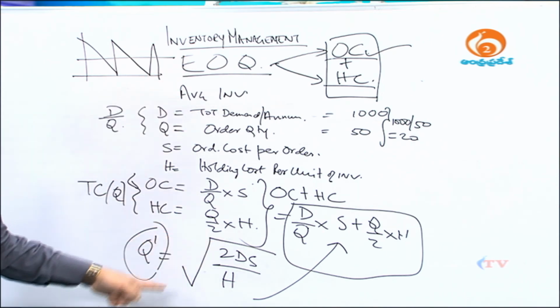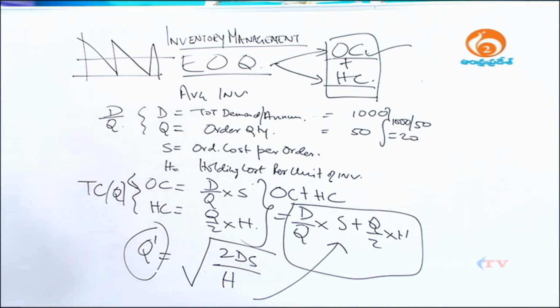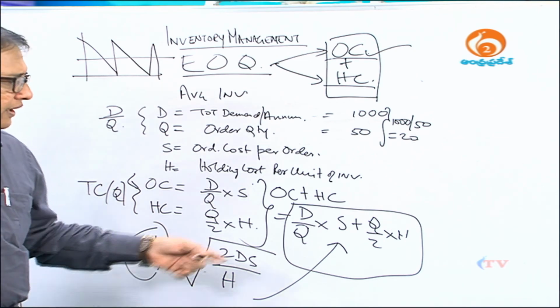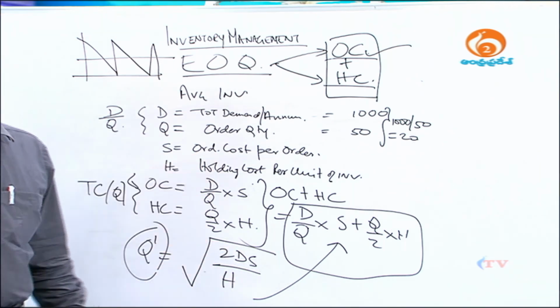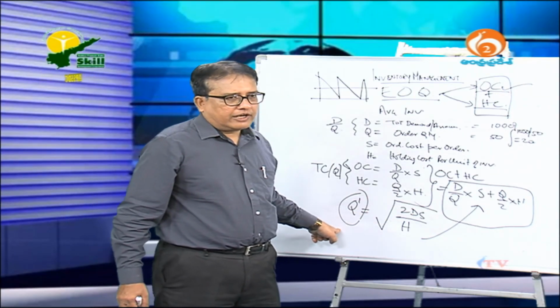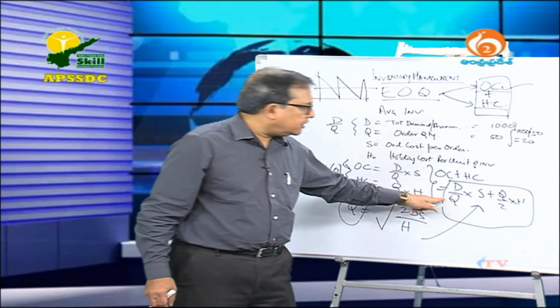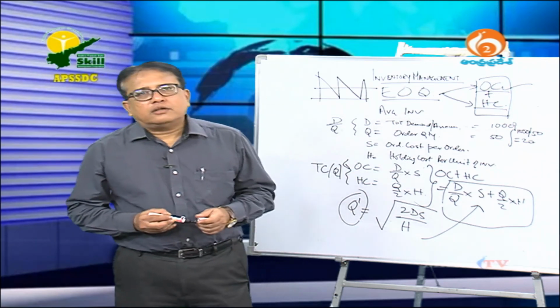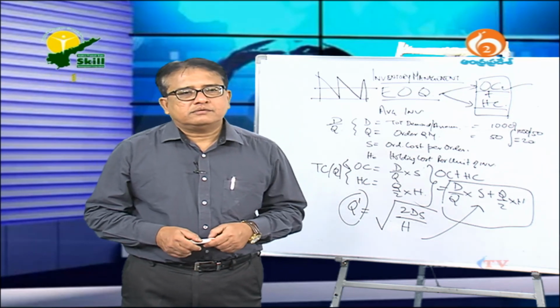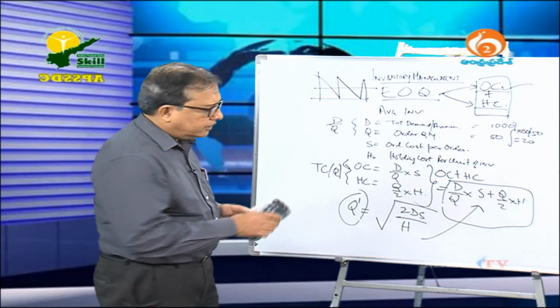So, the economic order quantity, that means the optimum lot size that a company should use every time it orders, has to be root over demand into the ordering cost per order divided by holding cost per unit, and that value of Q when inserted in total cost will give us the minimum total cost of the company. So, that is EOQ. So, very, very important.